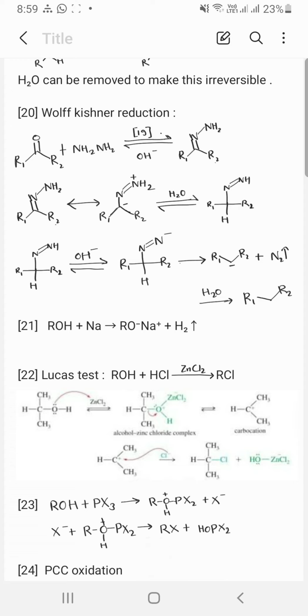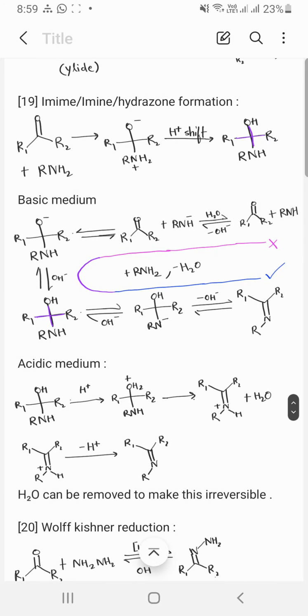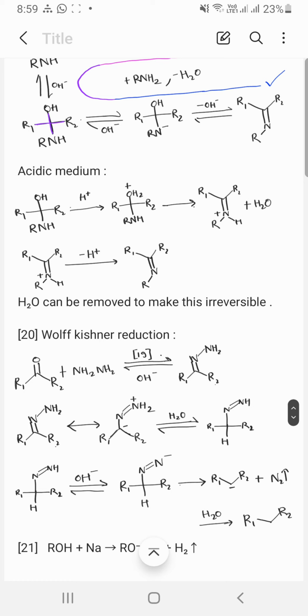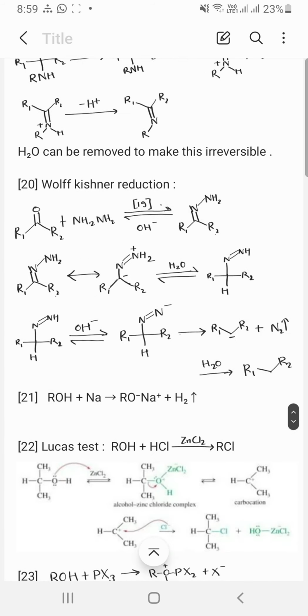Wolff-Kishner reduction. So using hydrazone. Wait, no, hydrazone is this thing. What's this called? I don't know. Yeah, whatever that thing is.